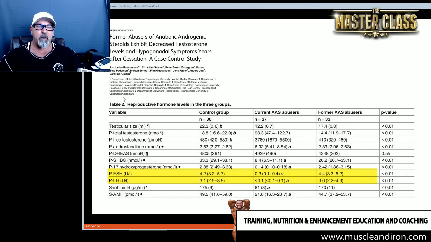Sure, right? But if you go and get your blood work done and you're like these individuals, you have normal to high follicle-stimulating and luteinizing hormone values, then triptorelin isn't going to do anything for you.